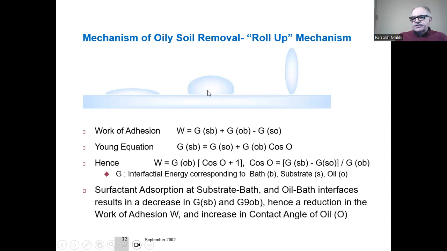Again, surfactants result in an increase in contact angle and go from an attachment, basically a spreading condition, to a spherical condition and eventual removal of oily soil. All this happens because of surfactant absorption on the soil-solution interface, soil-substrate interface, and substrate-solution interface, reducing interfacial tensions and reducing the work required to remove the soil.